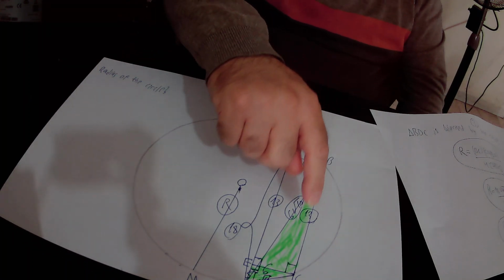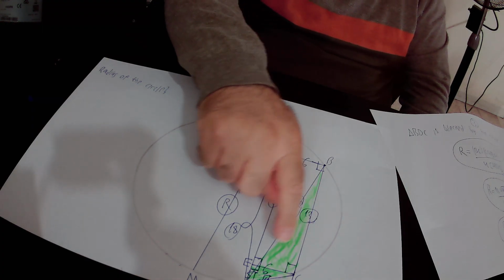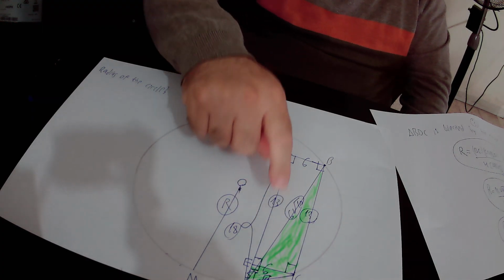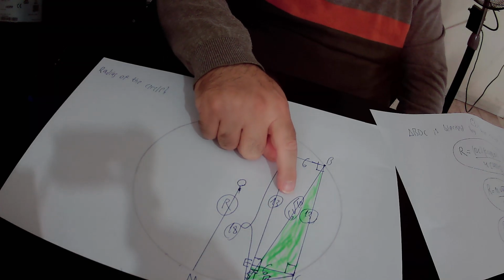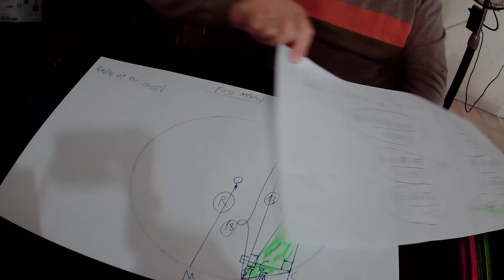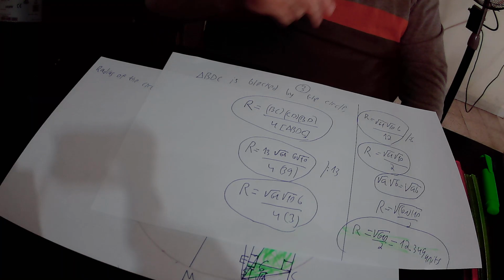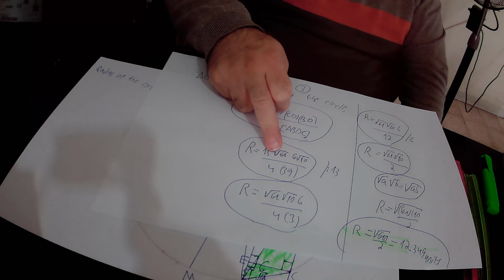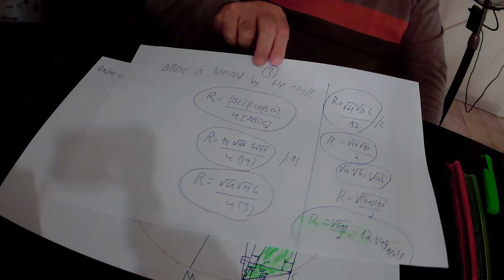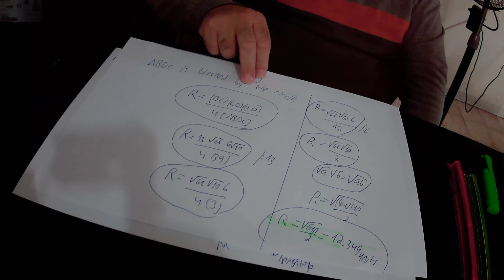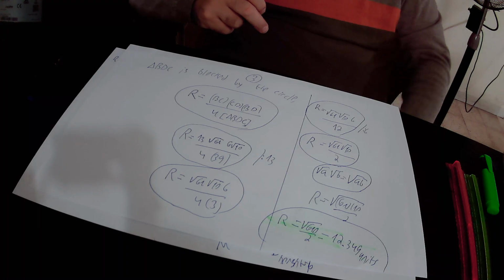The length of side BC is 13 units, the length of side CD is square root of 61 units, and the length of side BD is 6 times square root of 10 units. Okay? Over 4 times the area of the green triangle BDC, and we have already found that the area of the green triangle BDC equals 39 square units.